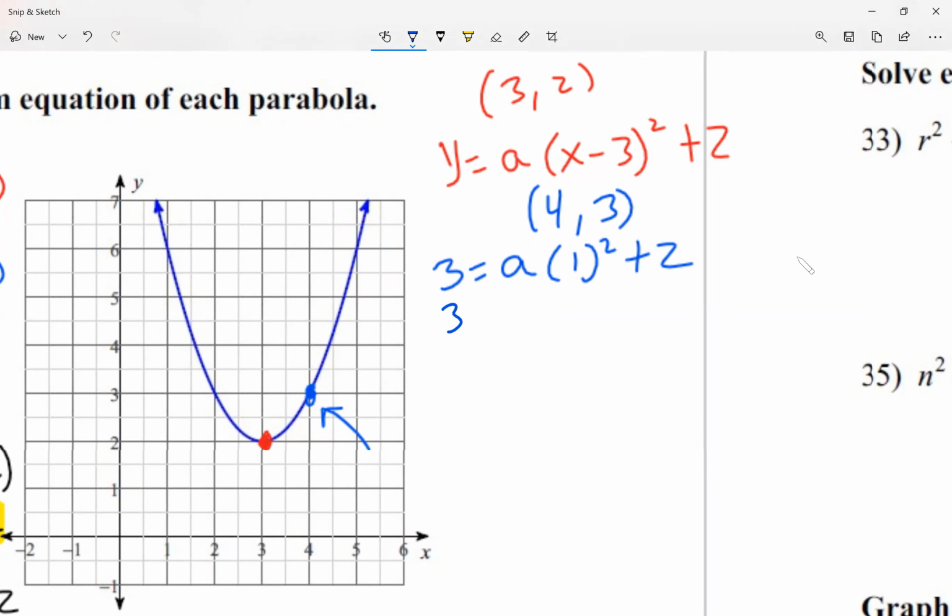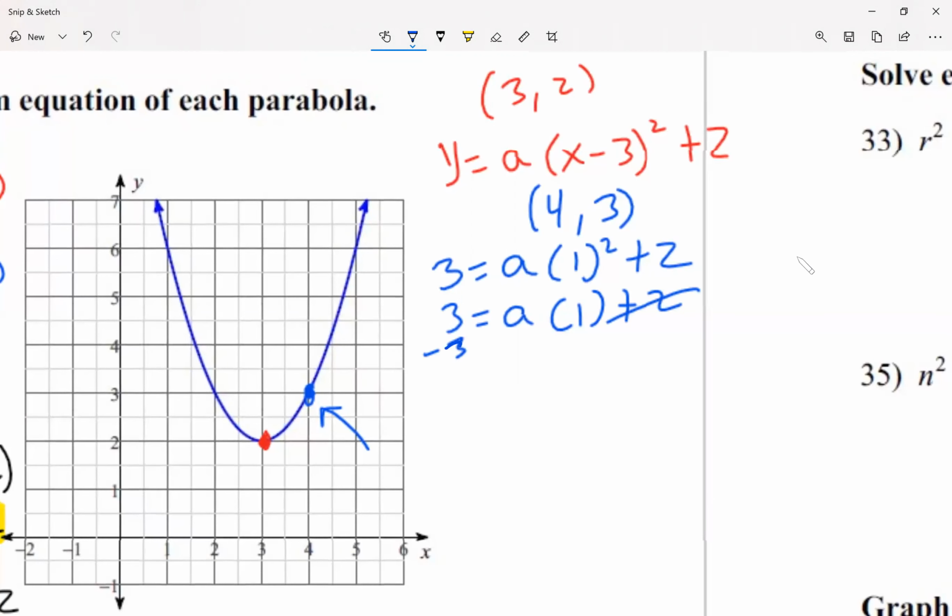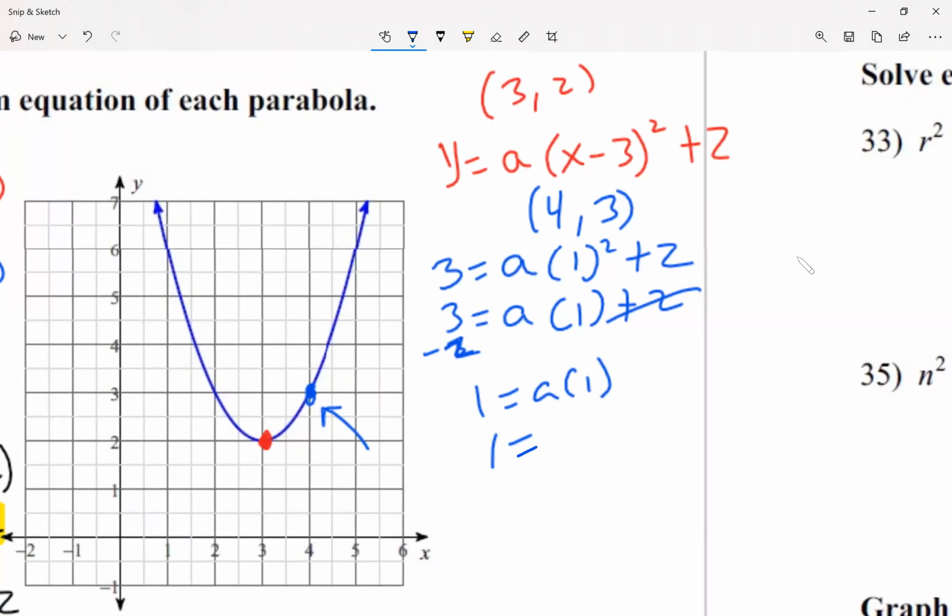So I have that 3 is equal to A times 1 plus 2, right? I did the exponent. My plus 2 at the far end, let me bring it as a minus 2. Don't forget to switch the sign. So I have that 1 is equal to A times 1. So that means 1 is equal to A.